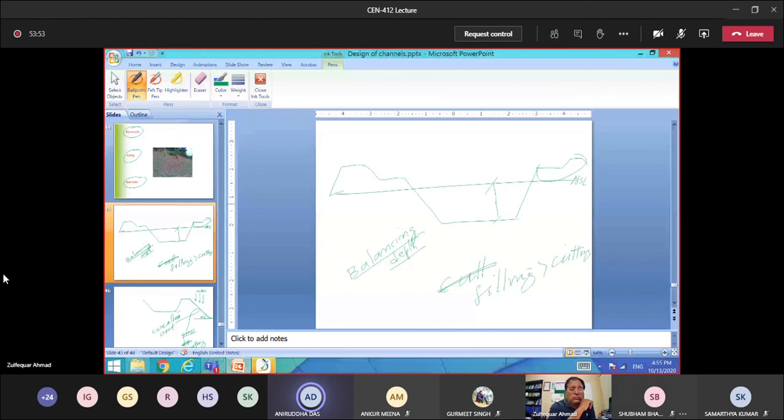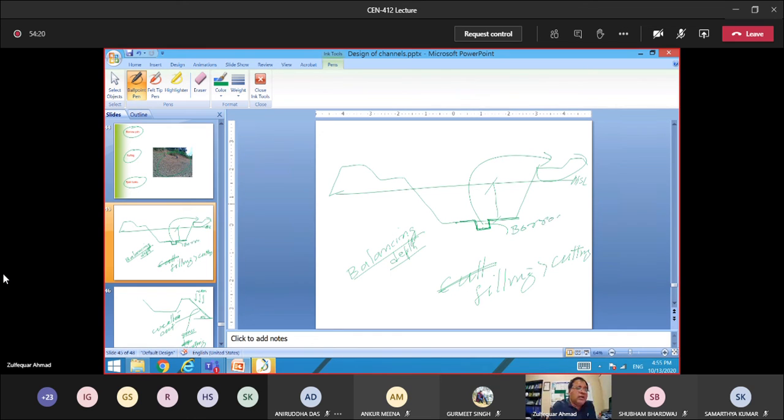Yes, sir. In that case, what is done is that in the middle of the canal, from the bed, a trench is excavated, and this soil is used in the filling. After the construction of this canal, the canal shape will be like this, and this trench we call a borrow pit.